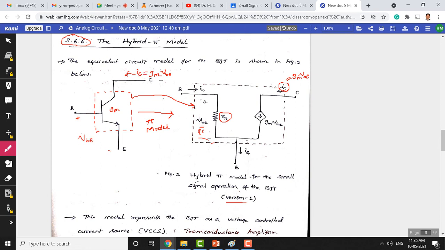Changes in the base emitter voltage change the collector current. The base emitter voltage gets multiplied with the Gm of the transistor, and that is the magnitude of the collector current. Even in the hybrid pi model, we use the same current source. That's the reason we called the BJT a VCCS: the BJT behaves like a voltage controlled current source.